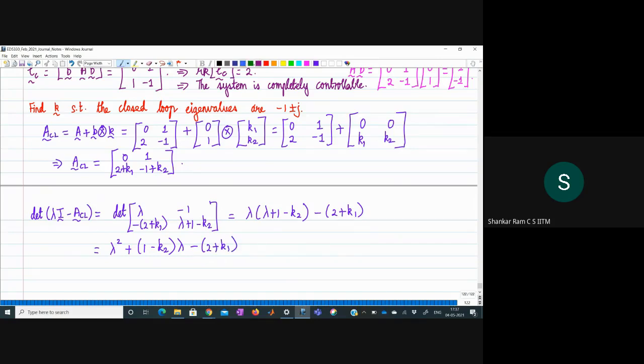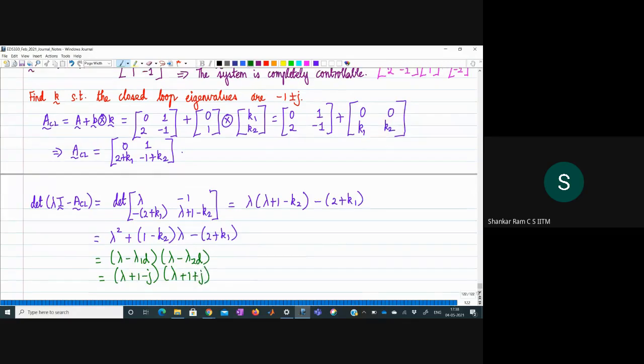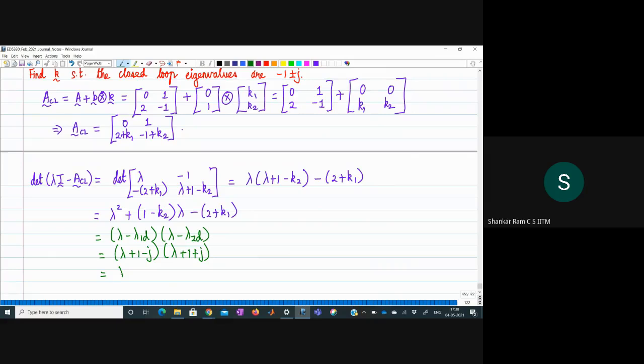We follow a similar process where we want to equate it to (lambda minus lambda 1 design) times (lambda minus lambda 2 design). Lambda 1 design is minus 1 plus j, so we will have lambda plus 1 minus j. Lambda 2 design, let's say it's minus 1 minus j, so we have lambda plus 1 plus j. We just did this for the other column. So if we expand it, we will get lambda square plus 2 lambda plus 2.